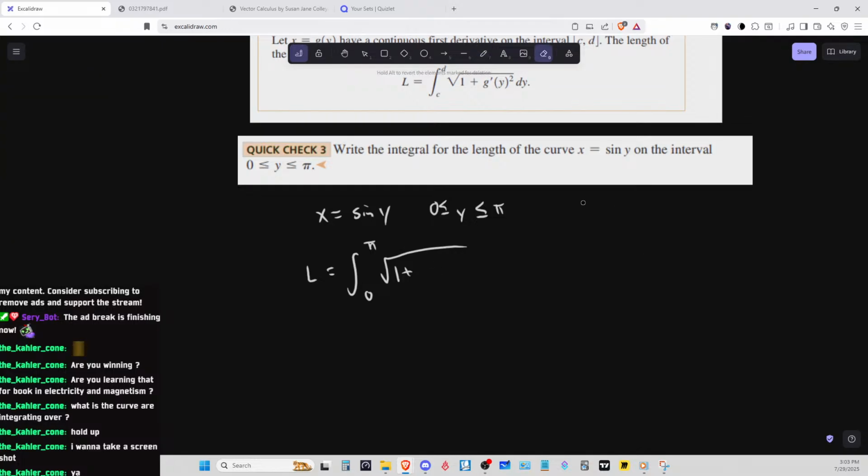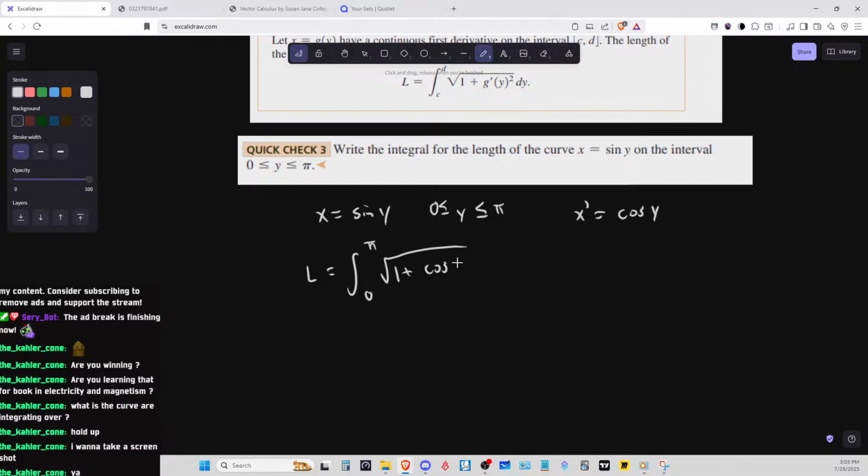So, y. Oops. So x prime should be cosine of y, then cosine of y squared by the y.